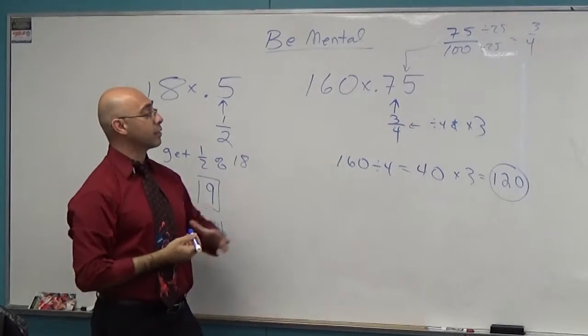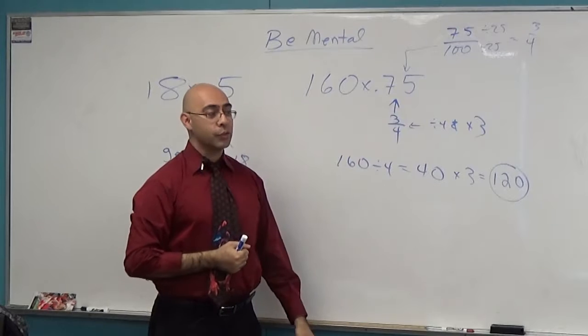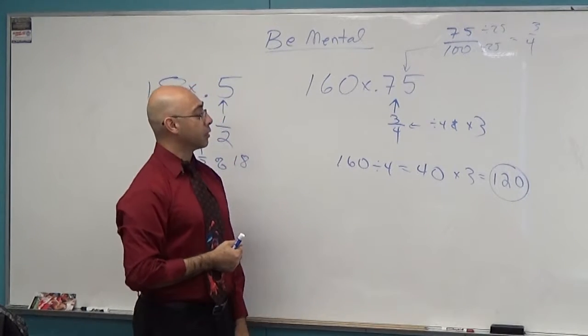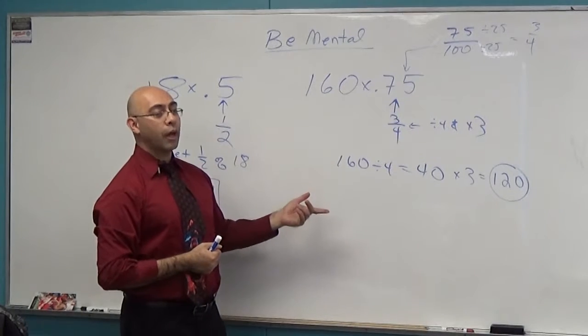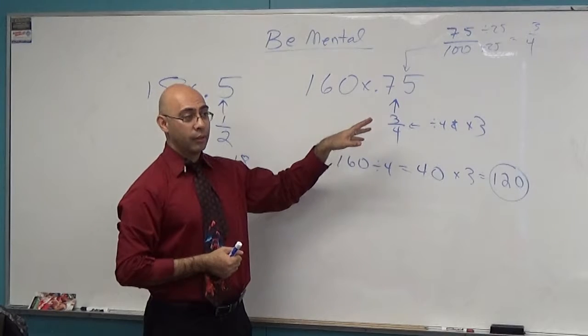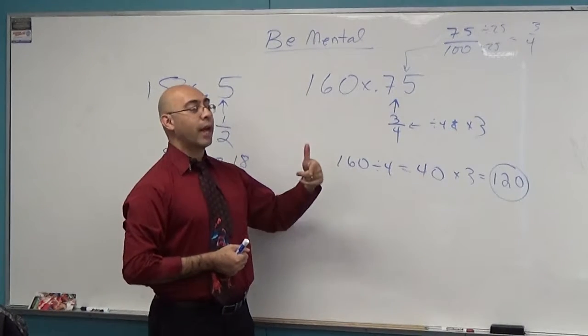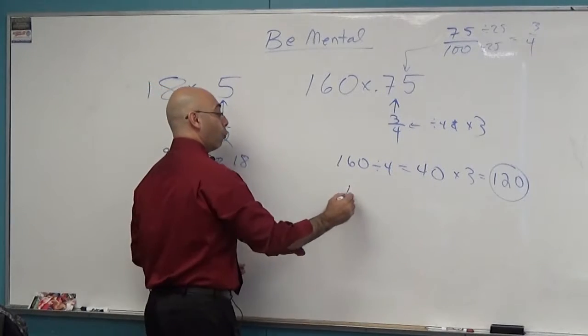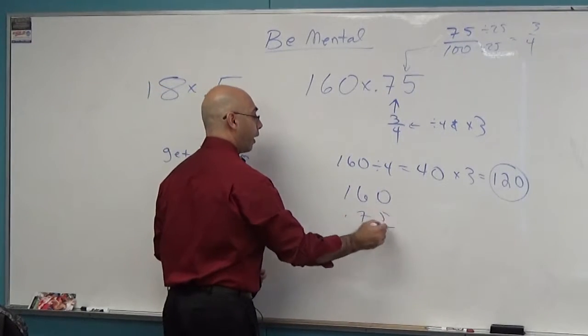So just turning decimals into fractions. We learned how to do this last year. And we've actually done some of it this year. So this shouldn't be unfamiliar to you. The idea now is using this stuff that you've learned so that way you don't have to do crazy math and multiply this way. 160 times 0.75.